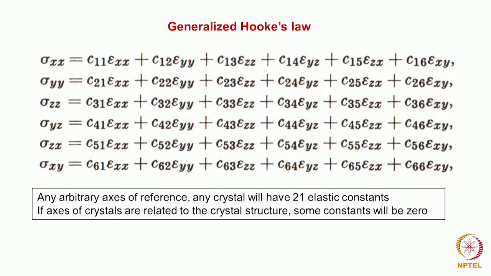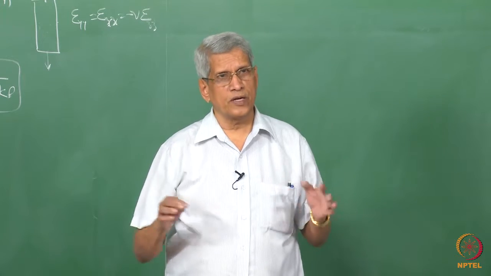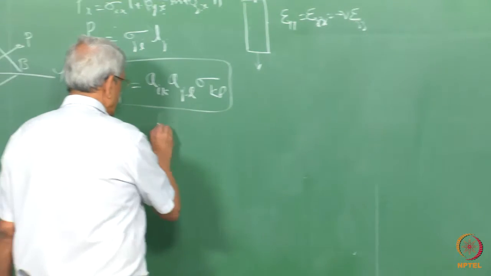So, now if we look, we have essentially 6 stresses, and there are 6 components of the strain, and the stress is also a tensor of second rank, and strain is also a tensor of second rank. When we try to write the relationship between them in a matrix notation, in the general case we have 9 components of stress.